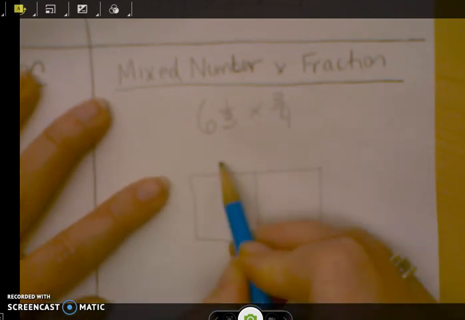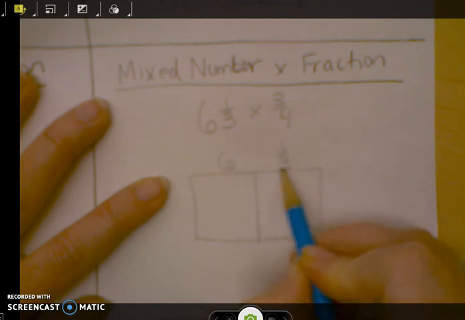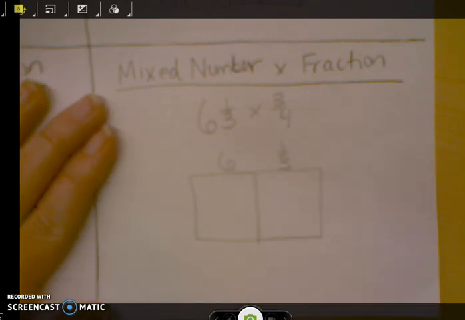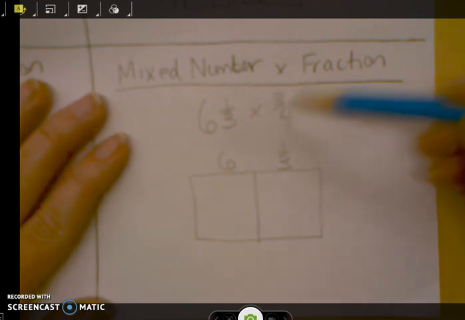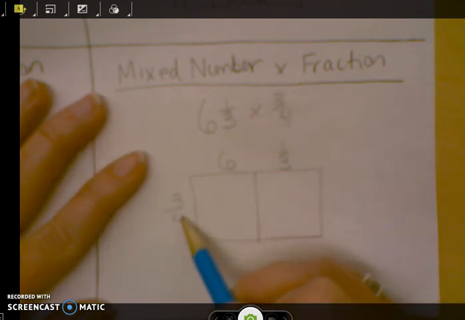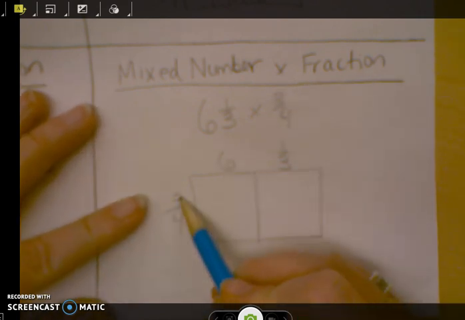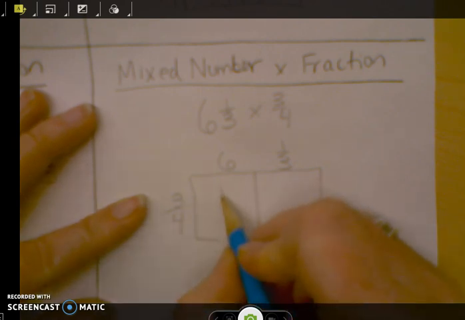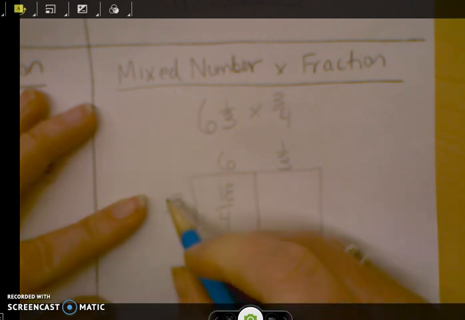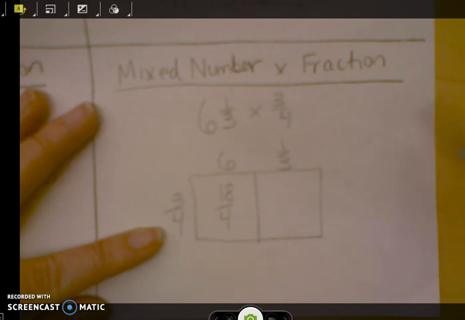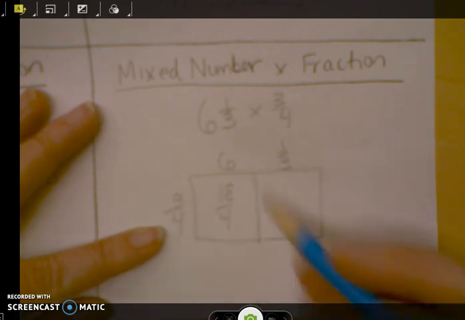I'm going to put my mixed number on the top, 6 1/3, so I'm separating out the two parts that make up my mixed number, and I'm going to put my fraction on the side. If I have 6 groups of 3/4, that gives me 18/4, and 3/4 times 1/3 is 3/12.